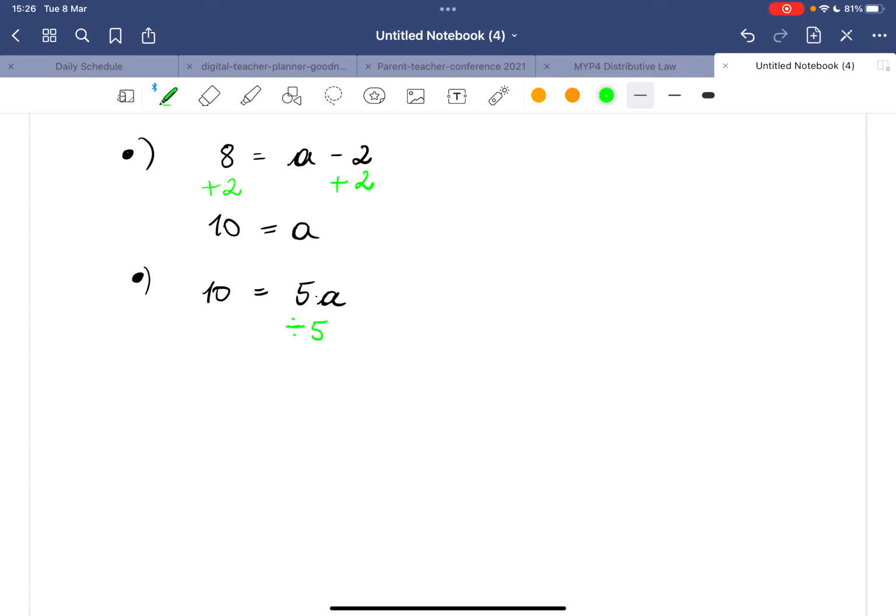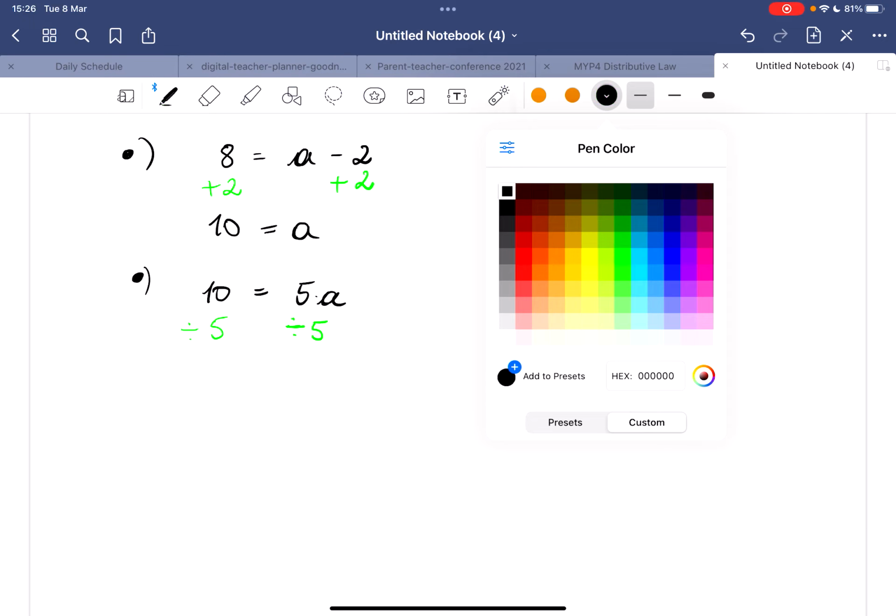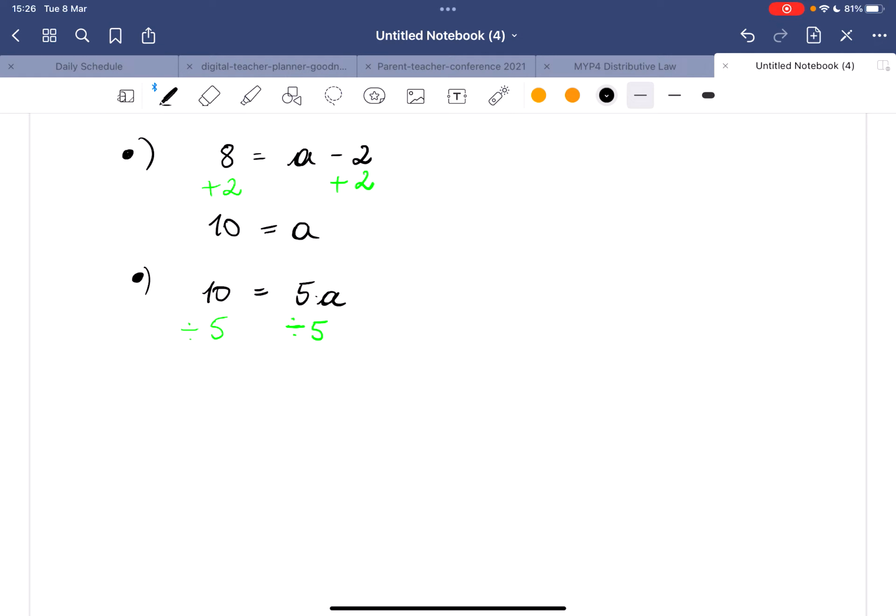Okay? What I do to one side, I also need to do to the other side. So on my left-hand side, I have 10 divided by 5, giving me 2. 5 divided by 5 is 1, so that gives me 1a, so a is equal to 2.